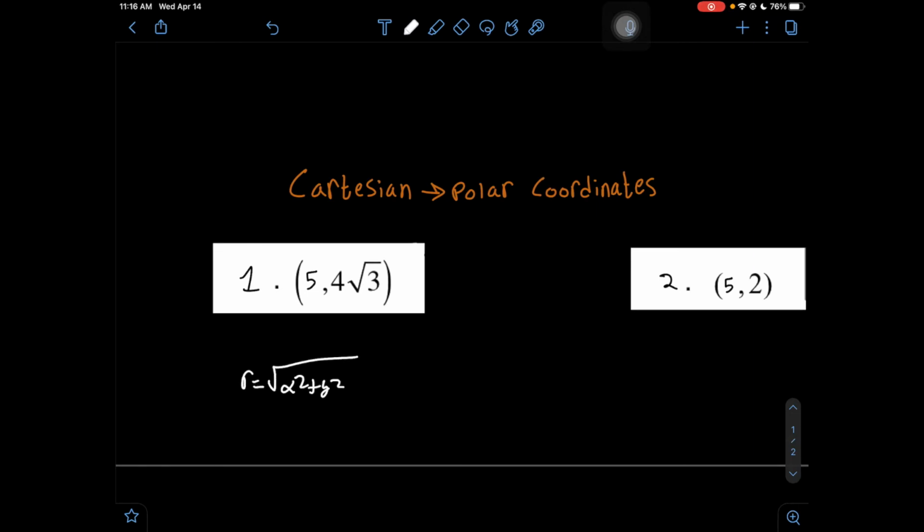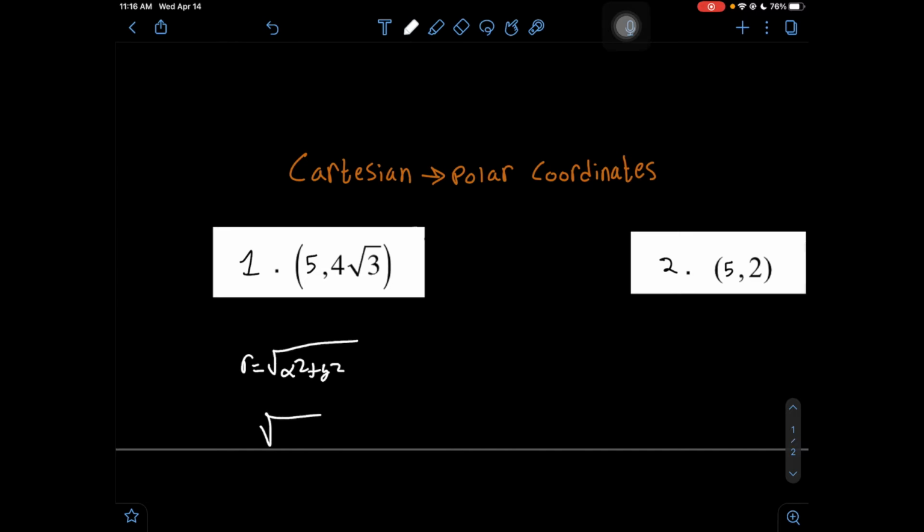So we have the square root of 5 squared plus 4 square roots of 3 squared. Well, we know that inside our square root, we should get 25 plus 48. 25 plus 48 is 73.